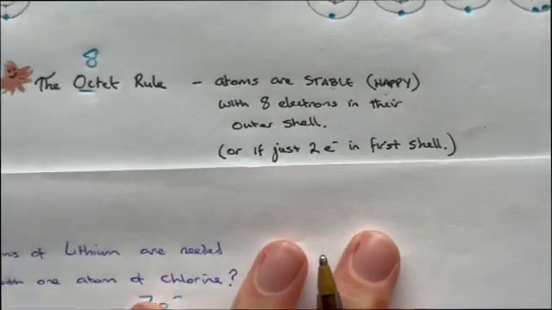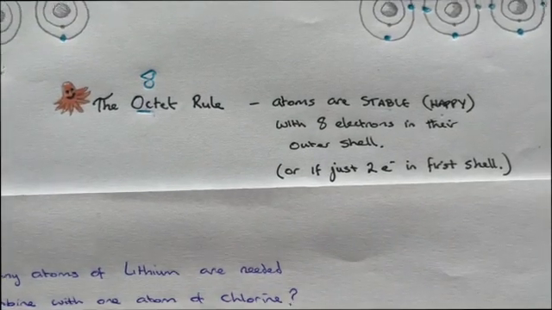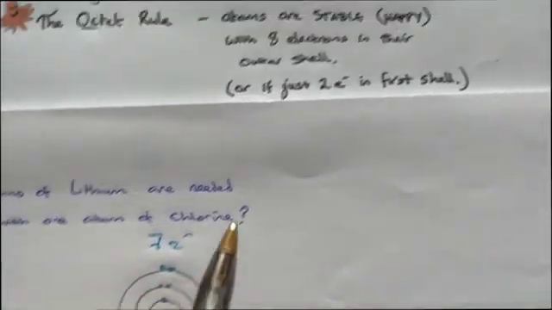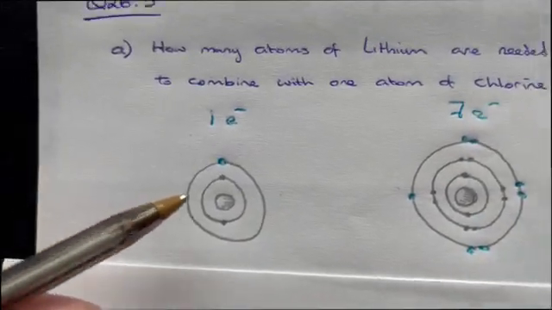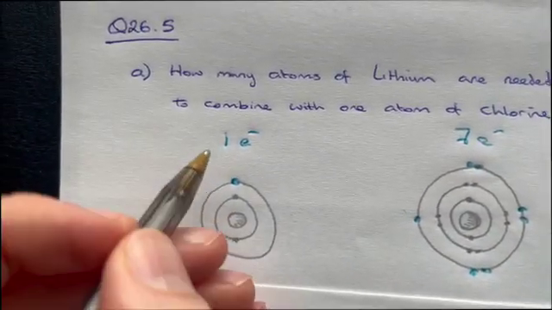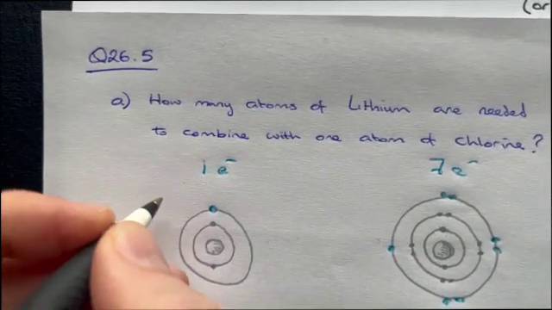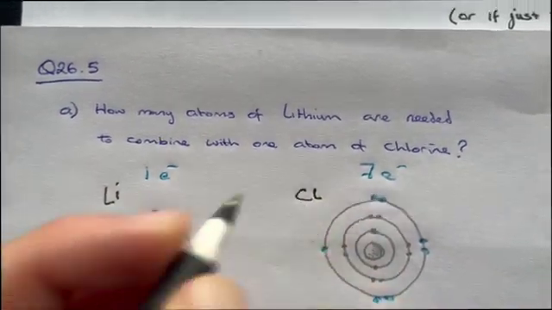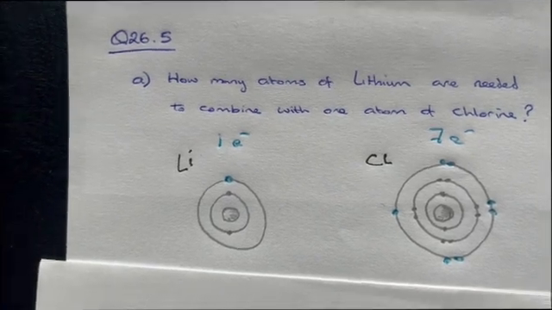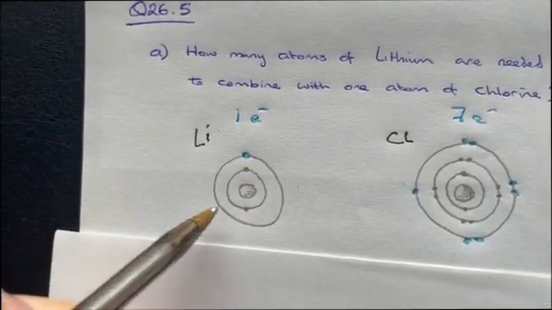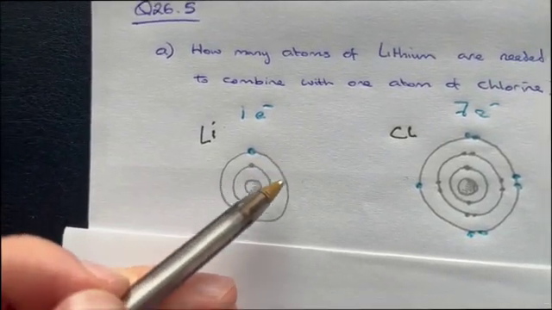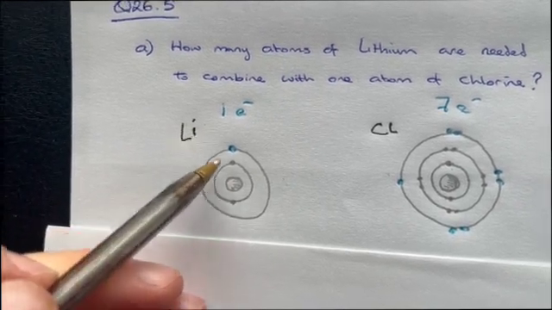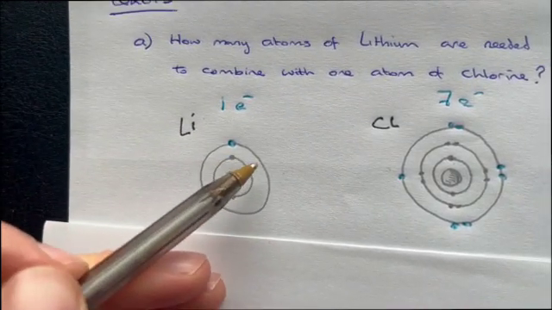So again, we're trying to follow the octet rule, whereby we need 8 electrons in the outer shell, or 2. Here, this is my lithium, this is my chlorine. It's going to require an awful lot of effort to put 7 more electrons onto my lithium to get a stable outer shell of 8.